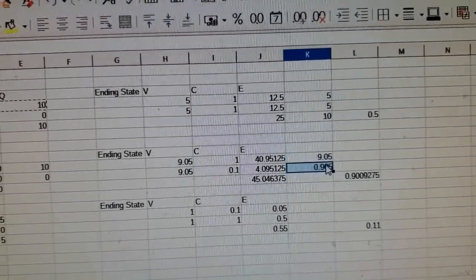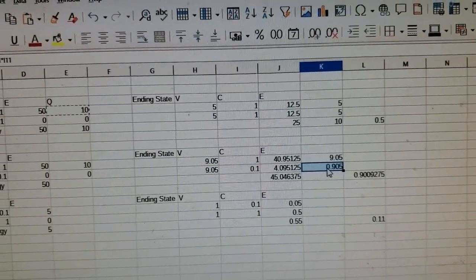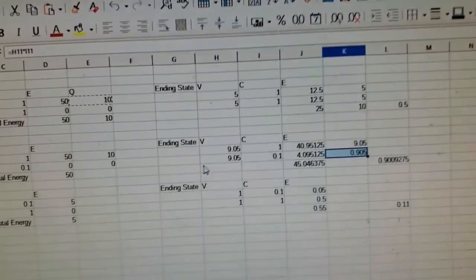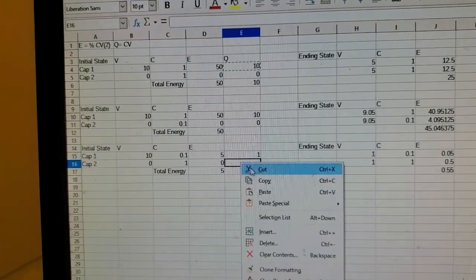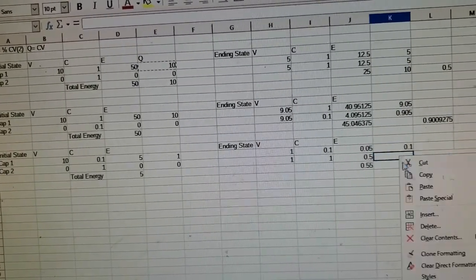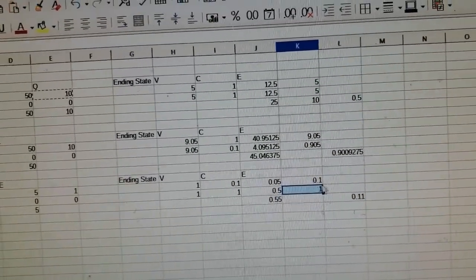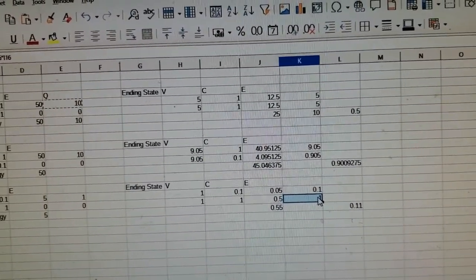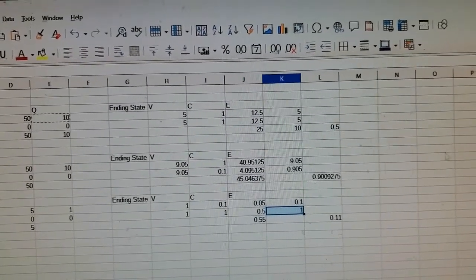And again, recall the experimental error with the cap rebound and the differences between the sizes of the cap. Paste, paste, paste. We started with 1 coulomb, we ended with 1.1 coulombs.